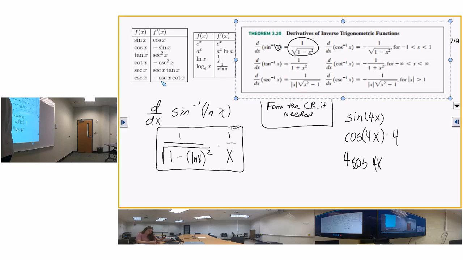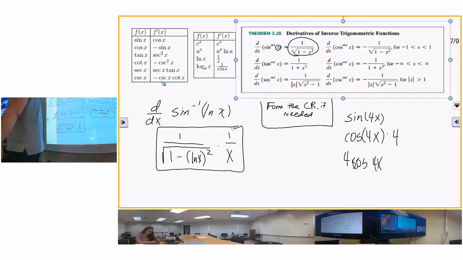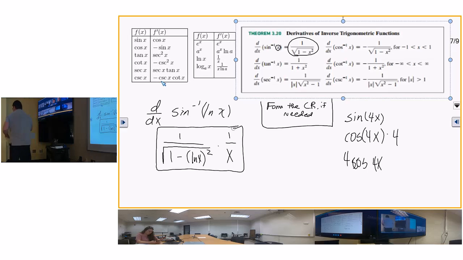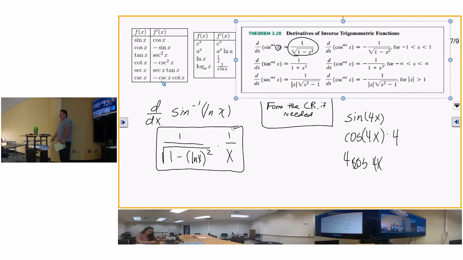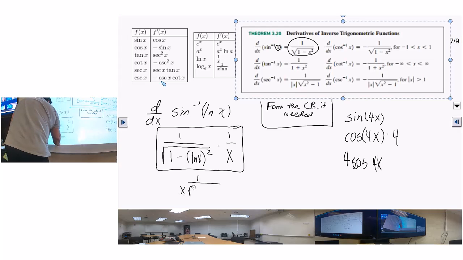Now, if you can simplify, that's nice and neat, but not many teachers care. If you're taking the derivative of an inverse trig function, they don't really care about you getting it down to lowest terms. They don't care. About the only thing you can do here is say 1 over x times the square root of 1 minus natural log of x squared.